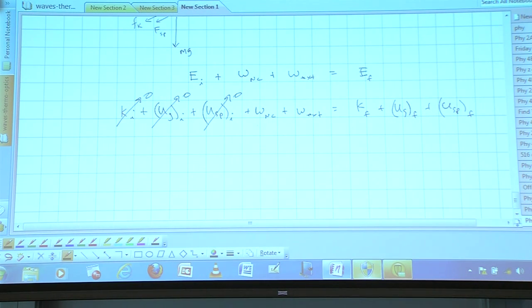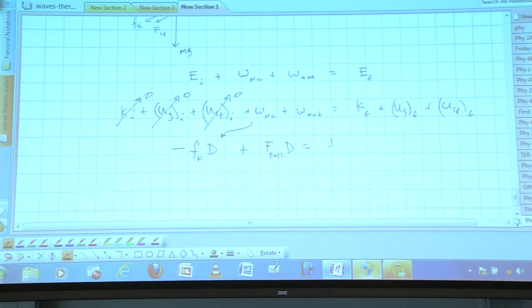Now we're ready to fill in. Nothing else is 0, right? Okay. Work done by the friction force is going to be negative the friction force times the distance. You good with that? Okay. And then the external force is going to be the pulling force times the distance. That's positive.